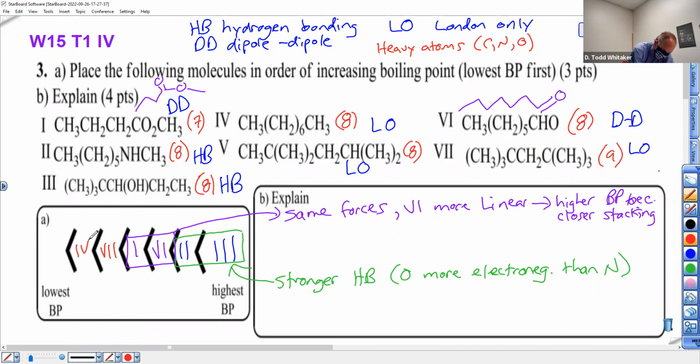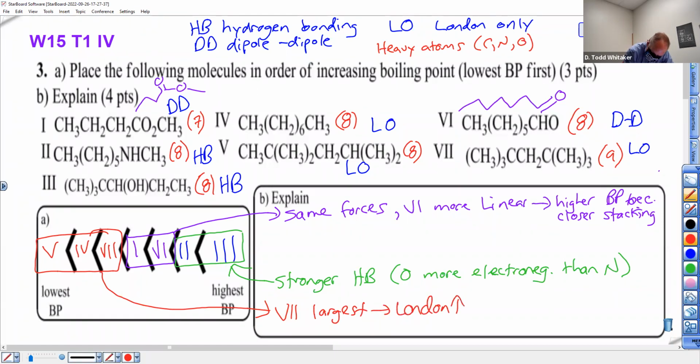And then it's going to be V. And we're going to say VII is, of these 3, VII largest, London goes up, right? And then we go V and IV.